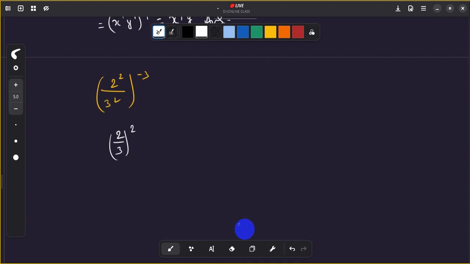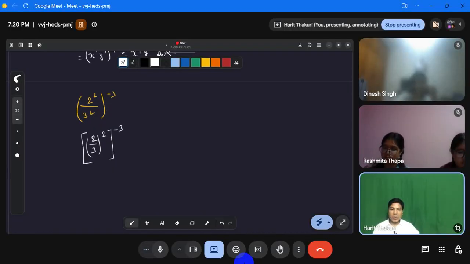Now it's whole power minus 3. Now, what can we do for this? Any idea?